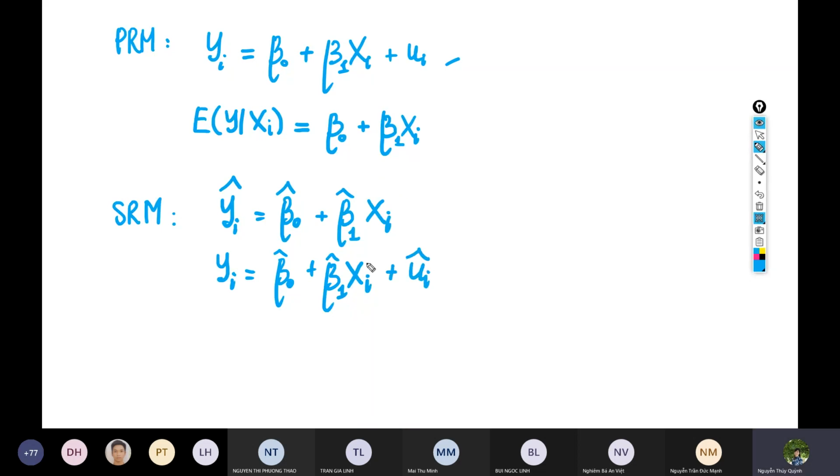Okay, so this is how we write down the population regression model and the corresponding sample regression model, and the difference between them is the hat over the symbol.